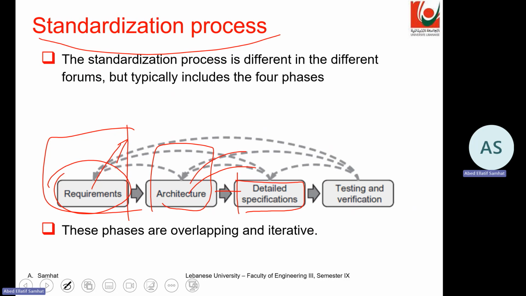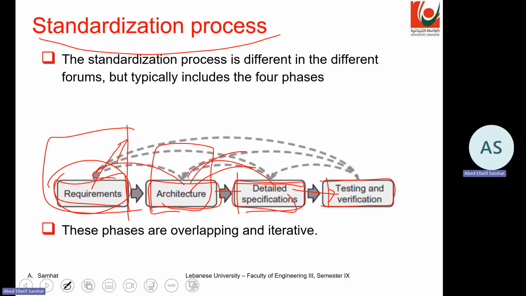After doing that, we move to phase 4, which is the testing and verification. Here we should test the interface specifications that we specified to see if they will work in the real system, in the equipment. So as we said, when we define the requirements and we develop the architecture, it's based on the results to have some modification or update.